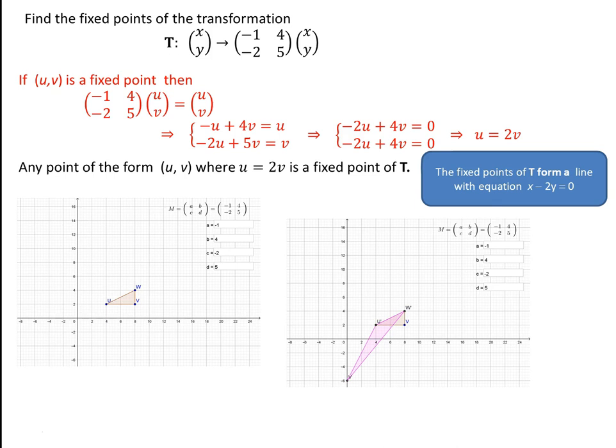Whereas on the other hand, the point V has been moved by the transformation down to the point V', which is down at (0, -6).